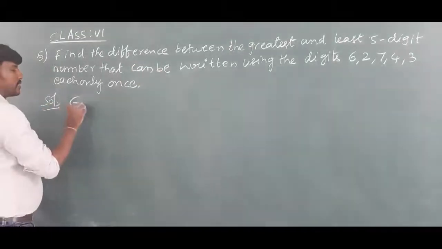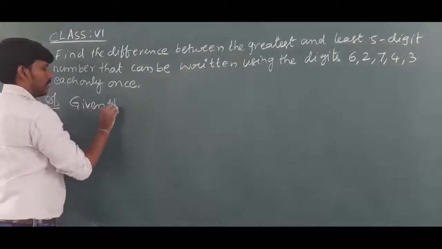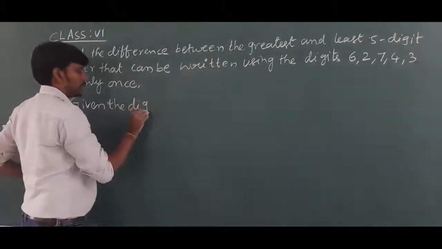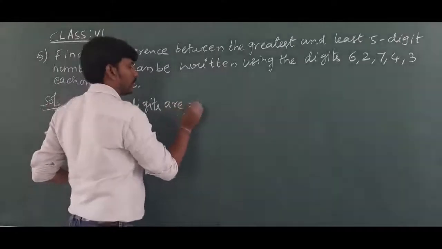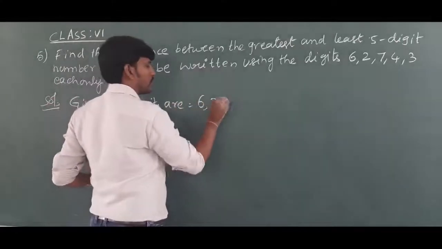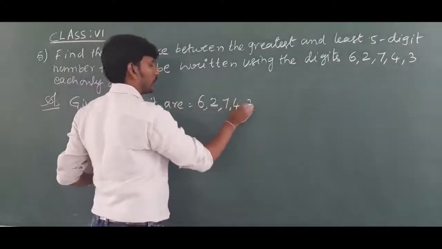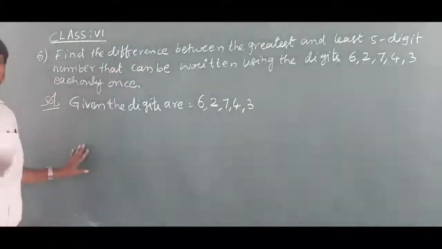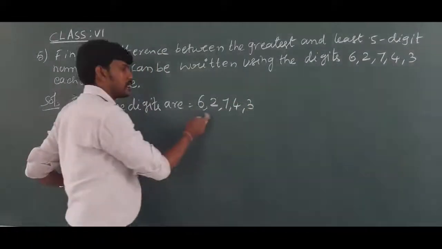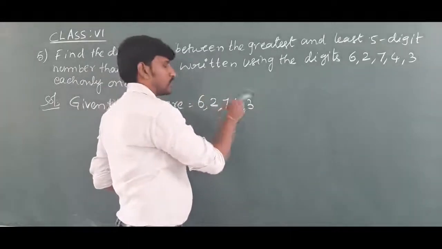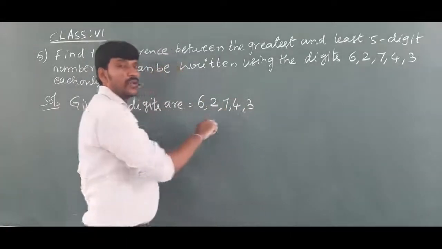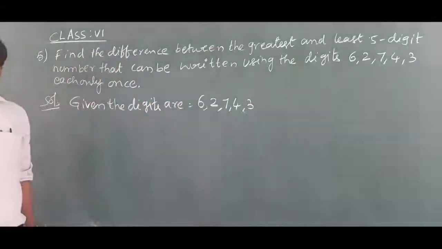So the given digits are, what are the digits here? 6, 2, 7, 4, 3. So how to create a 5-digit number by using these digits? We just write from greatest to smallest, that is descending order. You will get the greatest 5-digit number.